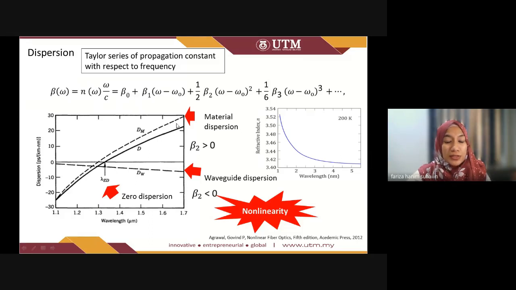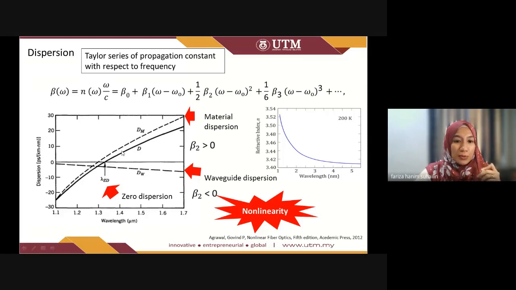There are material dispersion and also waveguide dispersion. So by tuning the material dispersion, which of course is related to the materials, and by changing the waveguide dispersion, which is changing the geometry of your waveguide, for example, you can shift the position of the zero dispersion wavelength here.